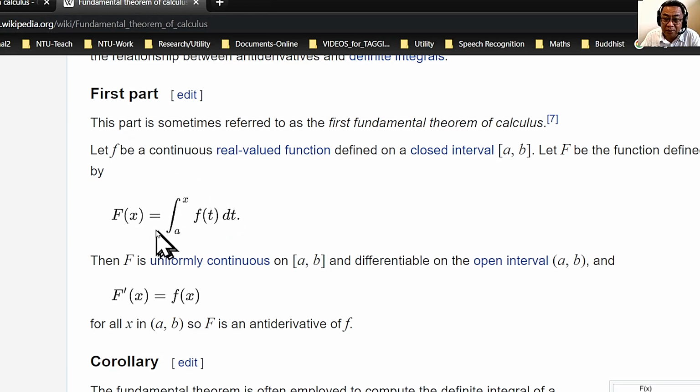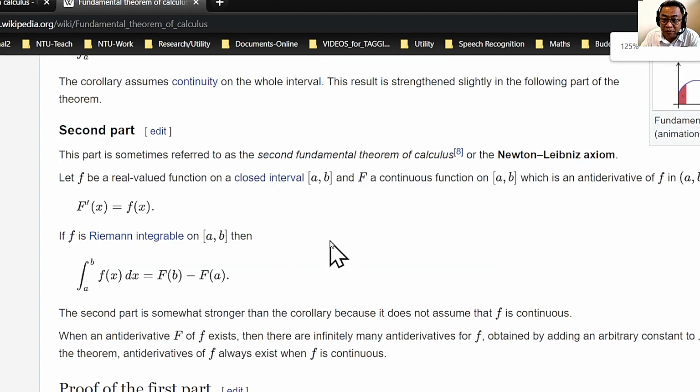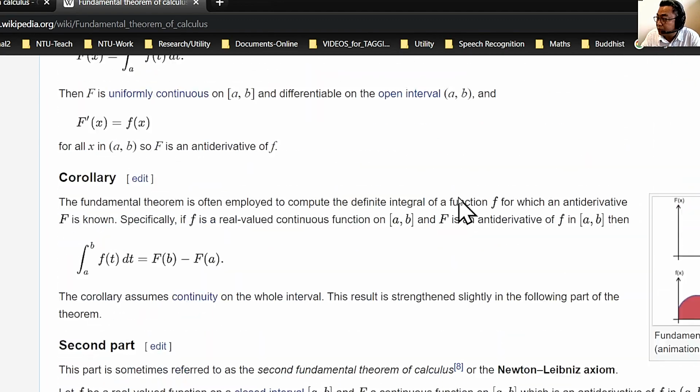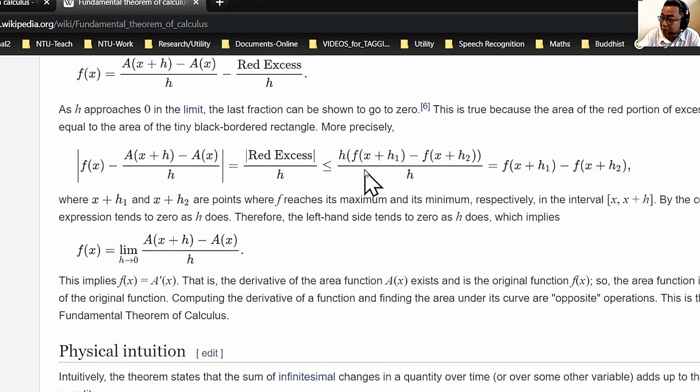Capital F of x is the integration from a to x of f of t dt, where this x will be replaced into the small t here to give you capital F of x. So what is F of x? F of x is simply the antiderivative of f of t, or should I say the derivative of F of x is equal to f of t. This is the fundamental theorem of calculus. So you can pull it up and see it here.